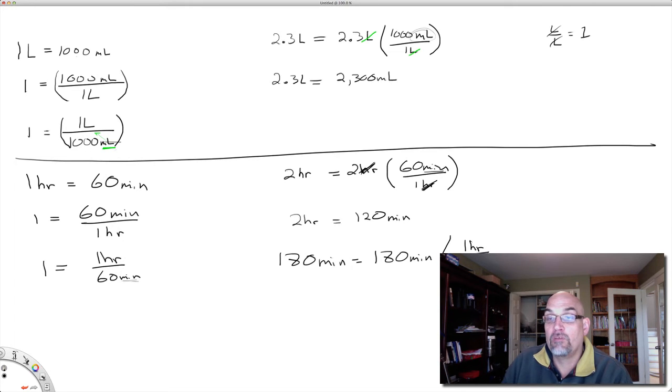So 1 hour over 60 minutes is my conversion factor. And notice the minutes are going to cross off, and I'm going to be left with hours. So 180 divided by 60 is 3. And my minutes are gone, so I have 3 hours. So that's converting minutes to hours and hours to minutes.